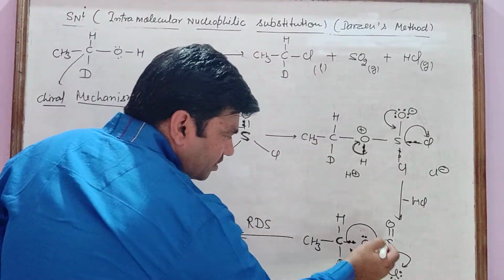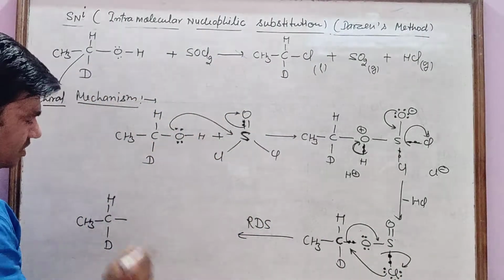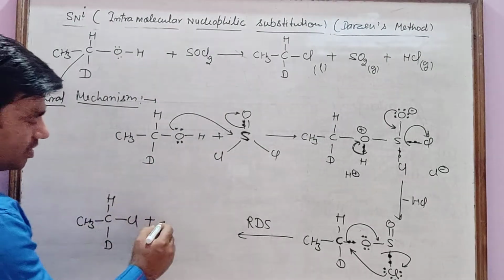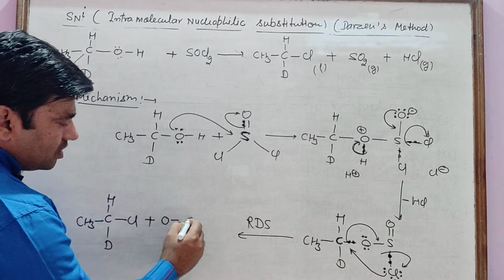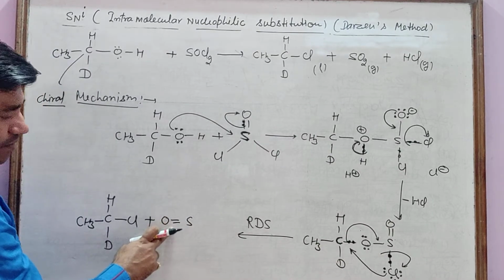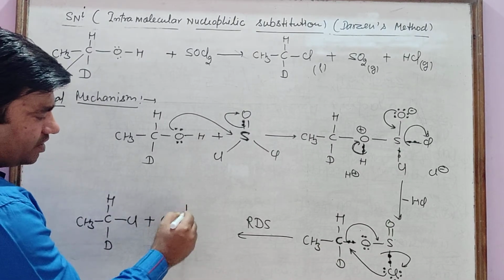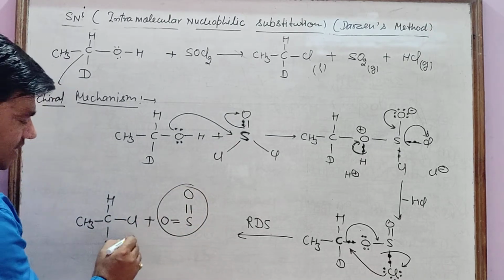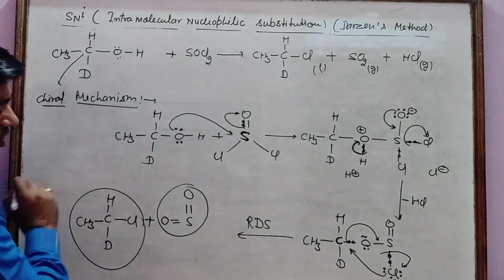The chlorine and sulfur bond will cleave in this situation, and chlorine ultimately is attached to this carbon atom, and there will be a bond formation between oxygen and sulfur. So this is the sulfur dioxide, and this is the alkyl chloride, right?